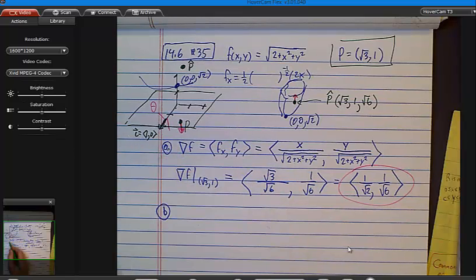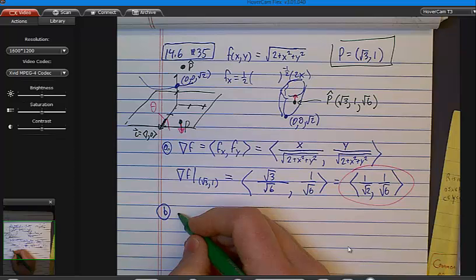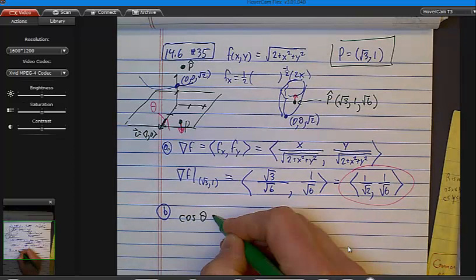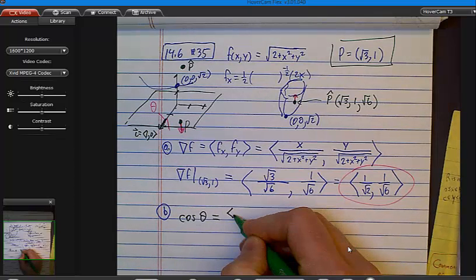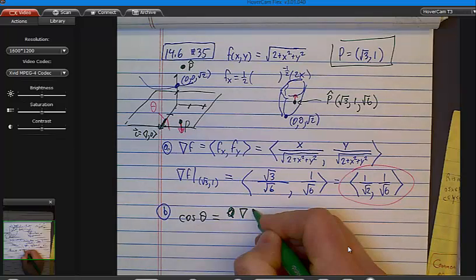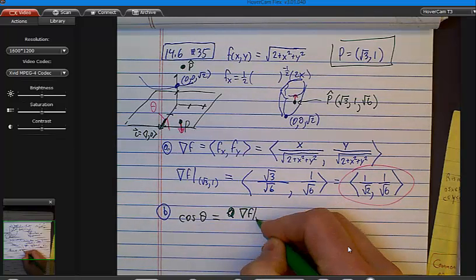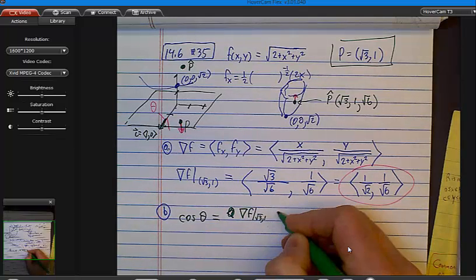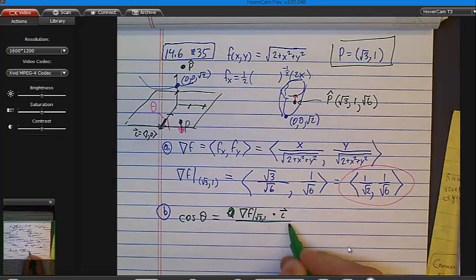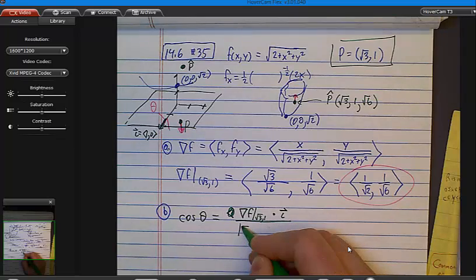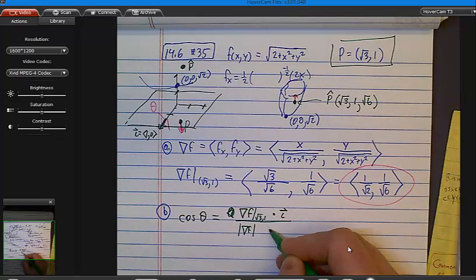So what you're really doing here is trying to find theta, and the formula I want is that the cosine of theta is the gradient of f evaluated at (square root of 3, 1) dot i, over the magnitude of the gradient of f times the magnitude of i.